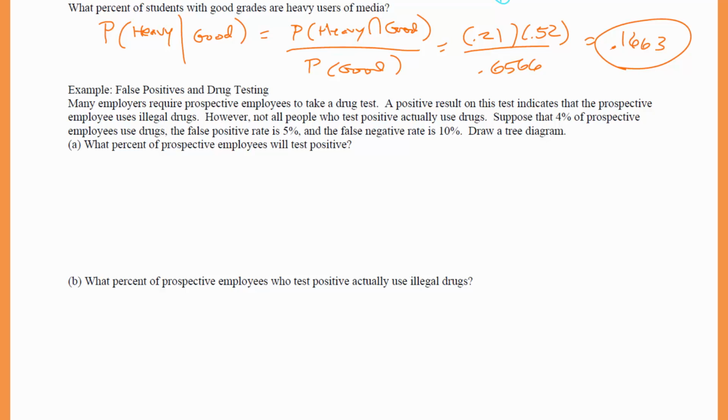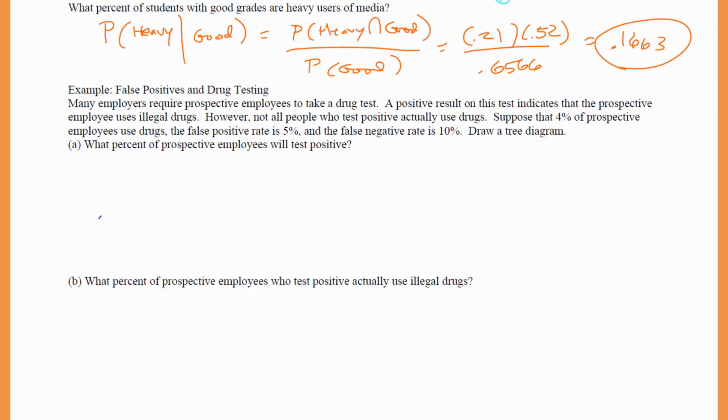So everybody's taking the drug test. A positive result indicates that the test is saying that they use illegal drugs. But sometimes there are false positives. So 4% of the prospective employees actually use drugs. The false positive rate is 5%. The false negative rate is 10%.